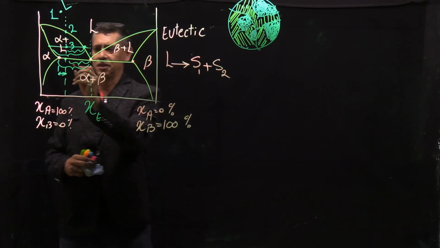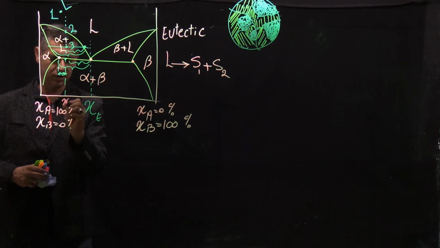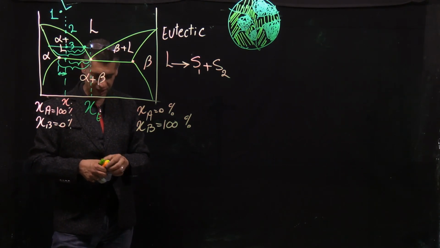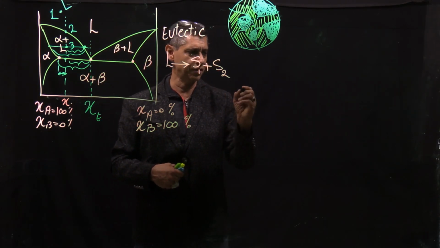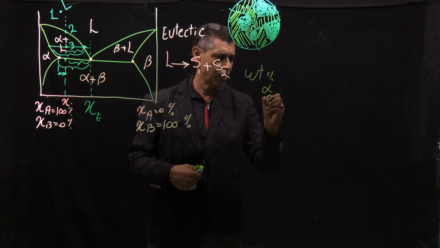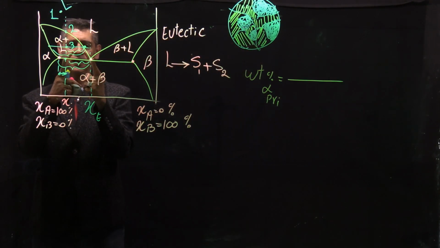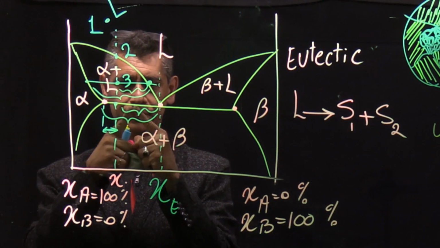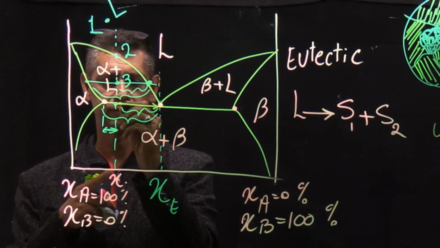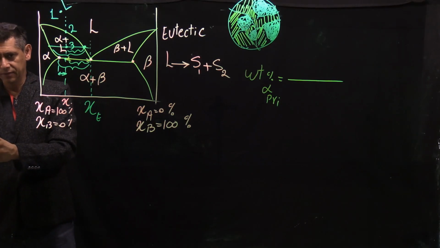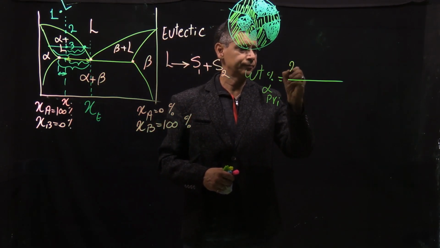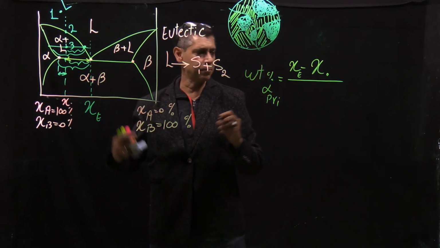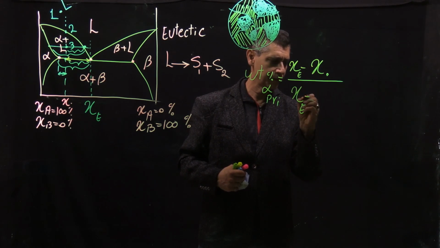So the math is at this point here. If this is my concentration x sub 0, and this point is x alpha, and this point is the eutectoid, or eutectic in this case, composition, the weight percent of my primary alpha is equal to this length, maybe I should magnify it, this length to the entire arm, and that is equal to x eutectic minus my composition x sub 0, divided by x eutectic minus x alpha.